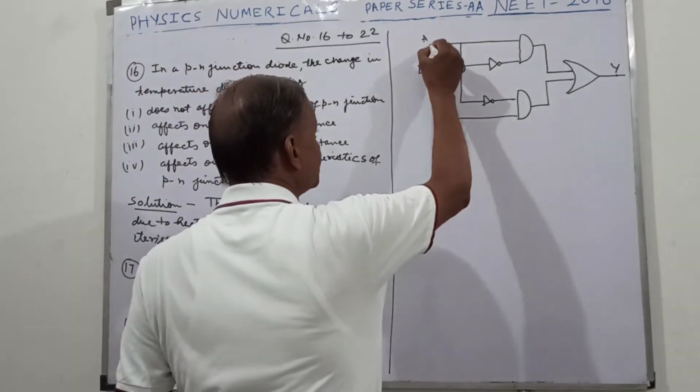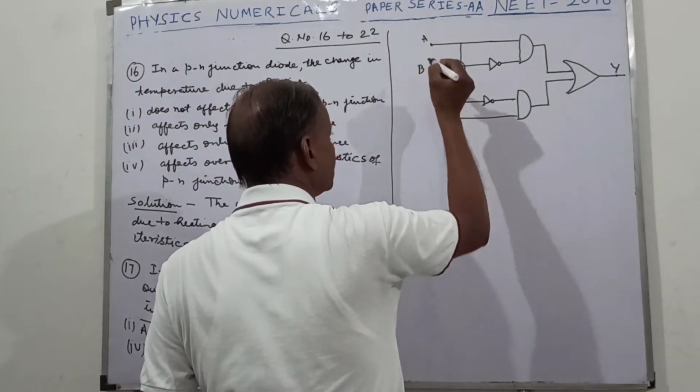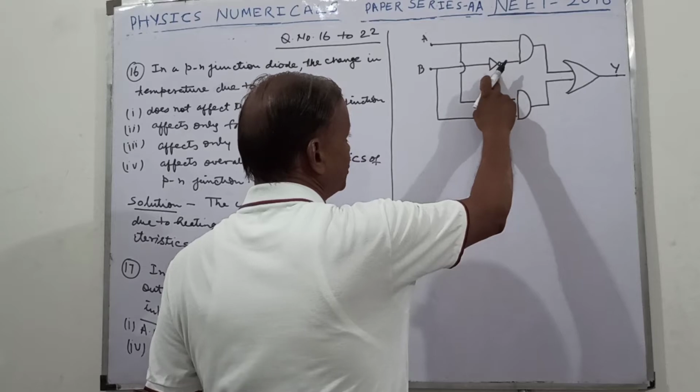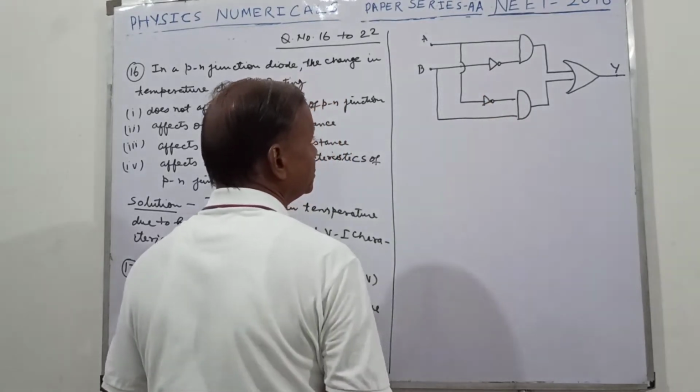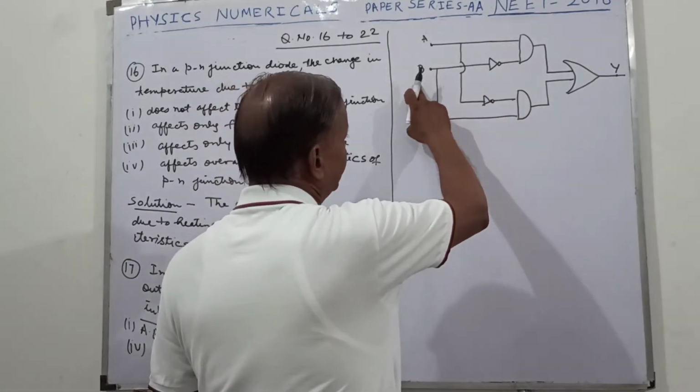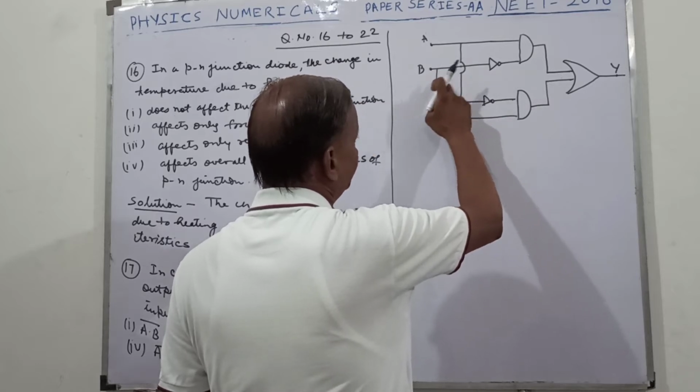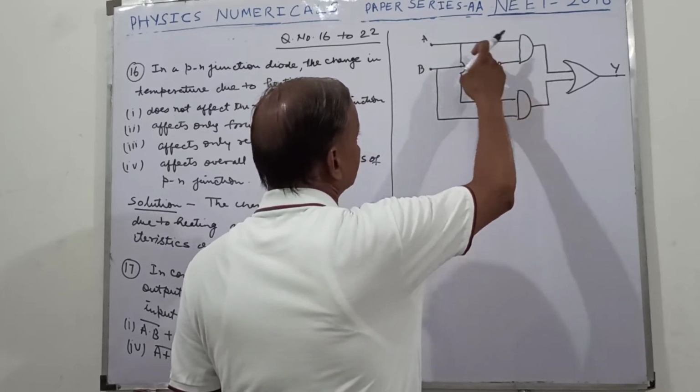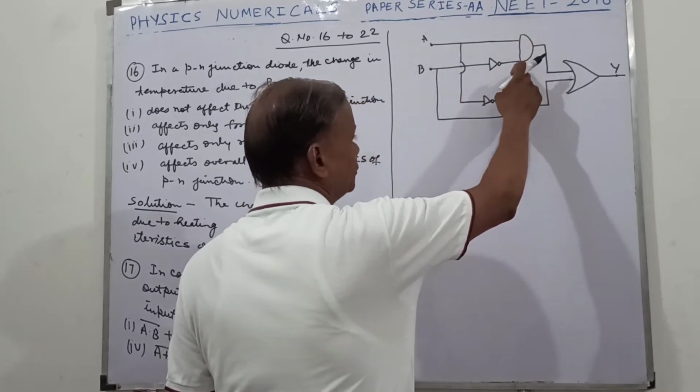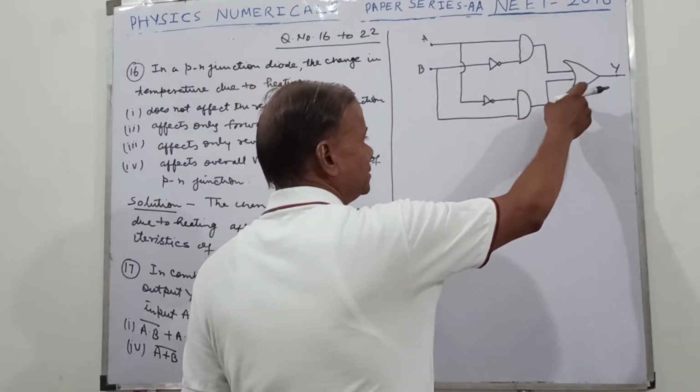So here you can see that this is a NOT gate, this is a NOT gate. So this is A, NOT gate of B will give you B bar. Then this will be multiplied to this one. This is an AND gate, this is an AND gate, this is an OR gate.